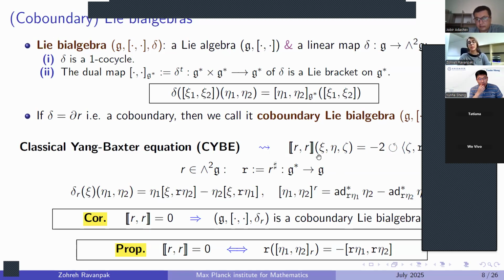When we have a solution of the classical Yang-Baxter equation, the coboundary of that is obviously a cocycle, because the coboundary of a coboundary is a 1 cocycle. So the only thing we need is that the dual of this cocycle defines a Lie bracket on G star, and it is guaranteed by the fact that R is an r-matrix. So having an r-matrix, we have coboundary Lie bialgebras. And for an r-matrix, the sharp map is a Lie algebra morphism between these two Lie brackets up to sign.